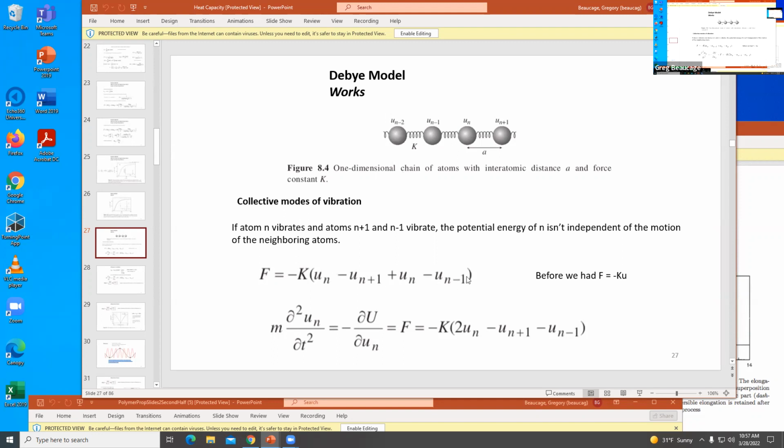So anyway, this is just a spring equation for multiple beads that are hooked together by springs. So you have bead n that's going to be affected by n minus 1 and n plus 1.